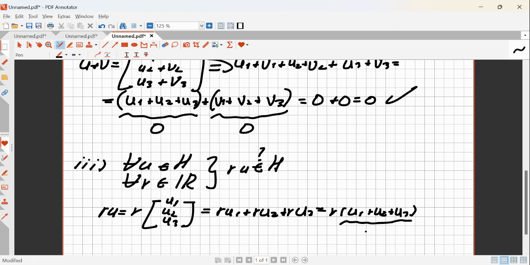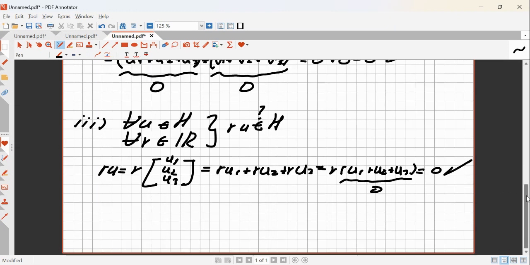We know that this bracket is 0 as well, so if you multiply, it's going to be 0. So it satisfies. So we can say that H is a subspace of R cube. Thank you for your attention.